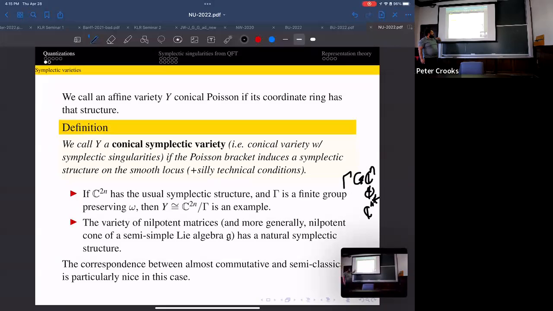Alternately, I could think about the variety of nilpotent matrices that has a natural symplectic structure by thinking of regular nilpotent matrices as a coadjoint orbit for GL. More generally, I could think about the nilcone of a semi-simple Lie algebra. And in this case, there's a particularly nice correspondence between almost commutative and semi-classical.